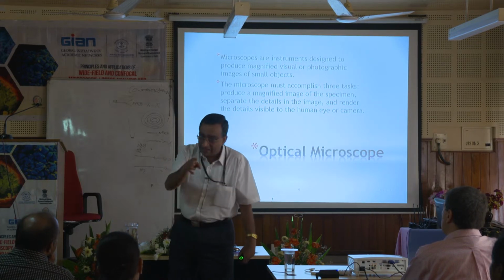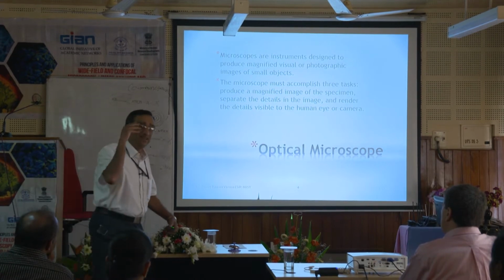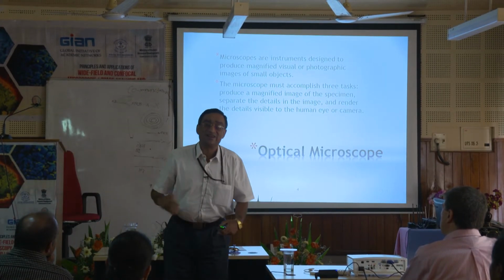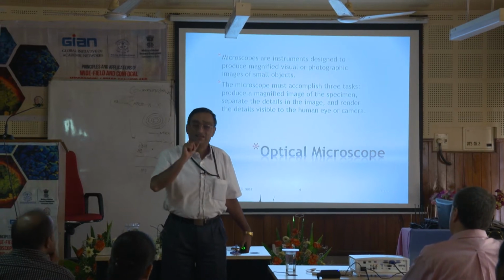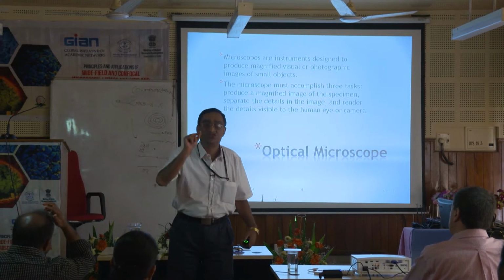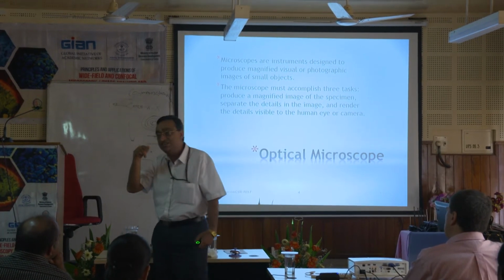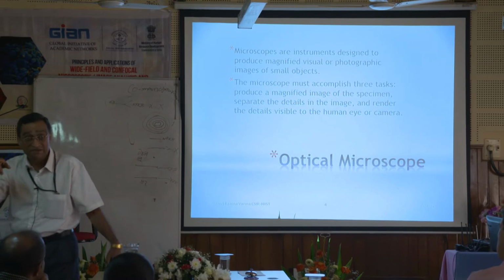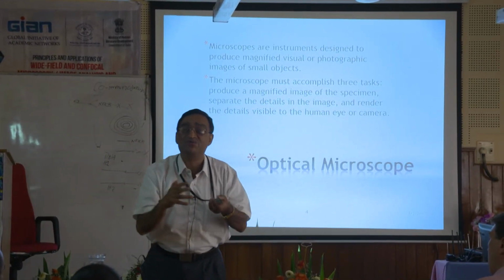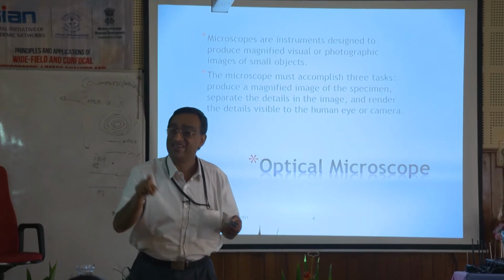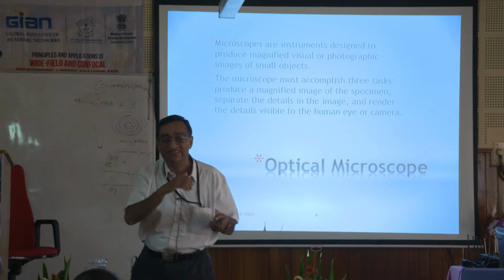When you use a microscope, your resolving power is increased from 0.2 millimeters to 0.2 micrometers. A micrometer is 10 to the power of -3 of a millimeter. So here you have an augmentation to improve your resolution. It is in the micrometer range, and that is why you call this equipment a microscope.